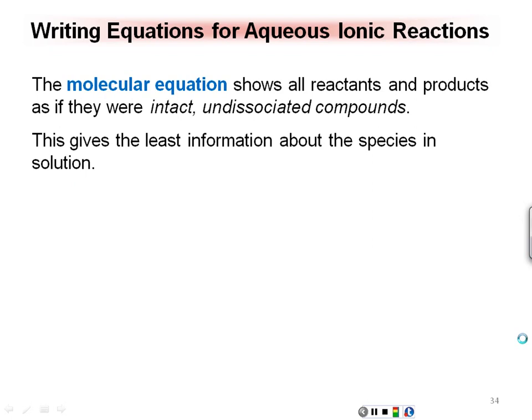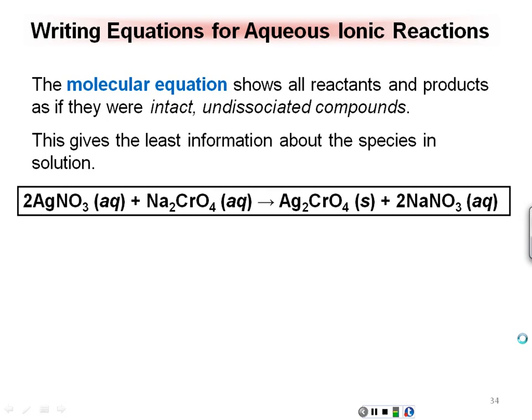We can write chemical equations for these aqueous ionic reactions. The molecular equation shows all reactants and all products as if they were intact, undissociated compounds. And this particular type of equation gives the least information about the species in solution.